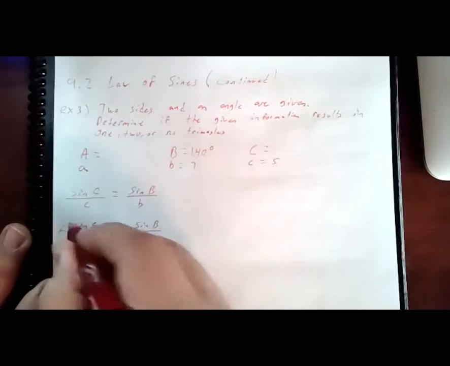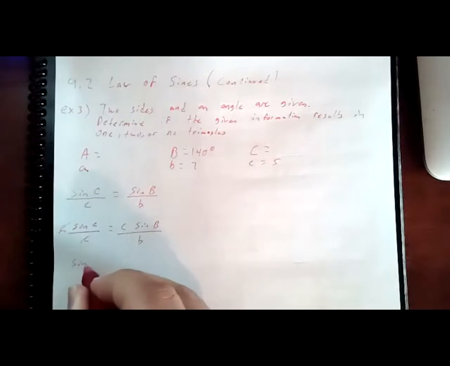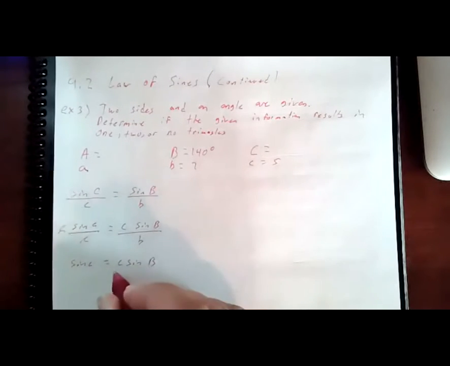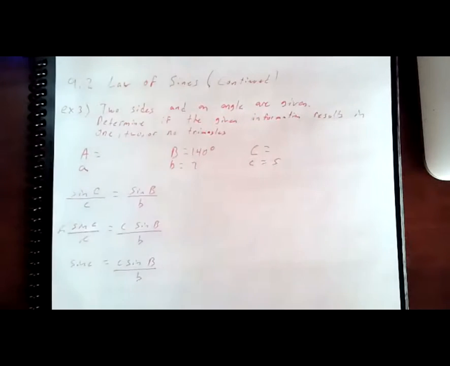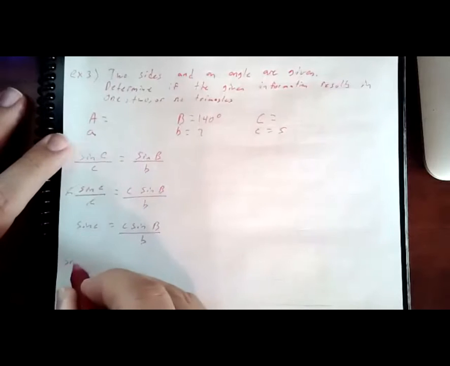So these c's cancel, and now I have sine C equal to c sine B over b. You take the inverse sine of both sides.